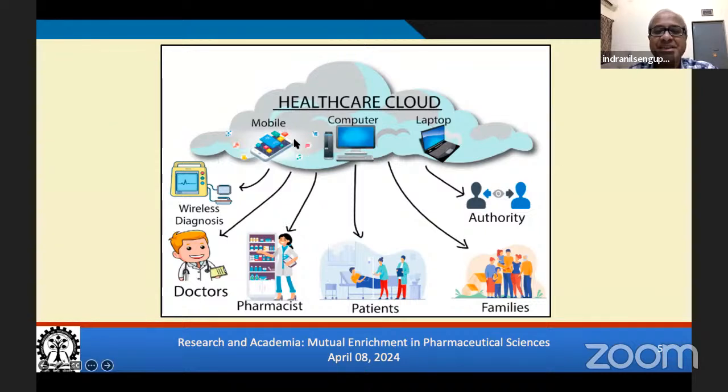Now, this diagram says that you have a healthcare cloud and various, you can say, stakeholders in the healthcare industry. They may be doctors, pharmacists, patients, families of the patients, and authorities who run the show, like the hospitals, clinics, etc. The diagnostic labs, they may be the traditional labs, they may be automated labs as well.